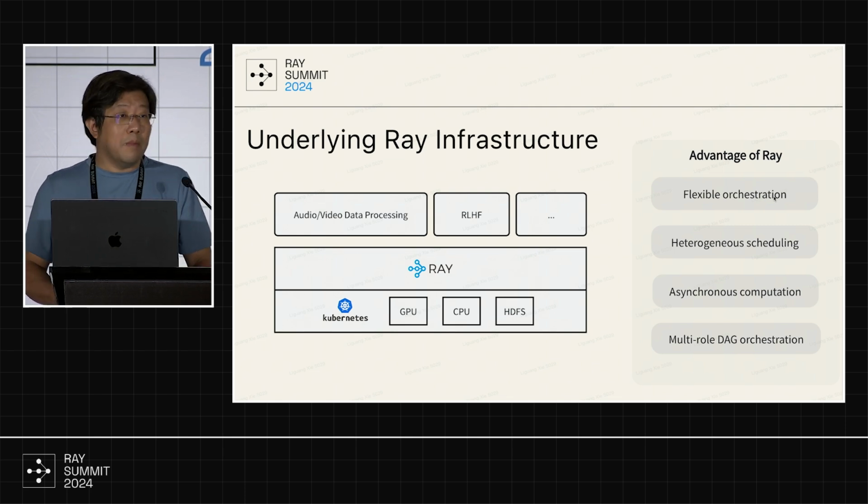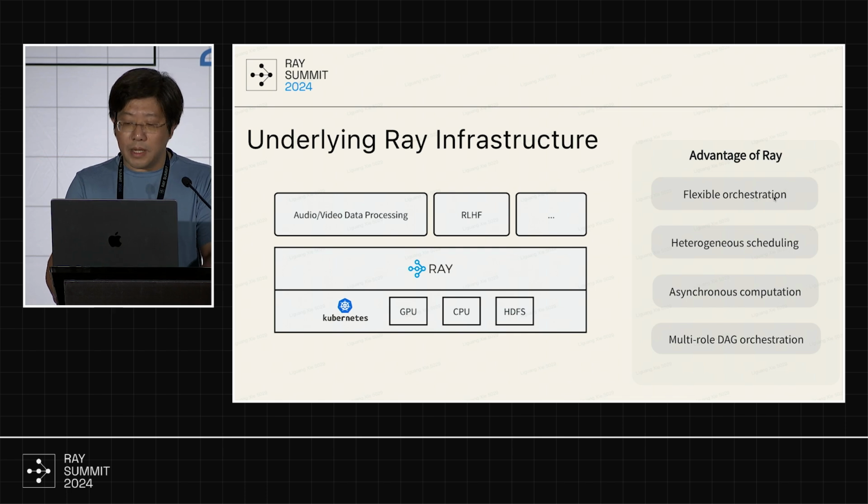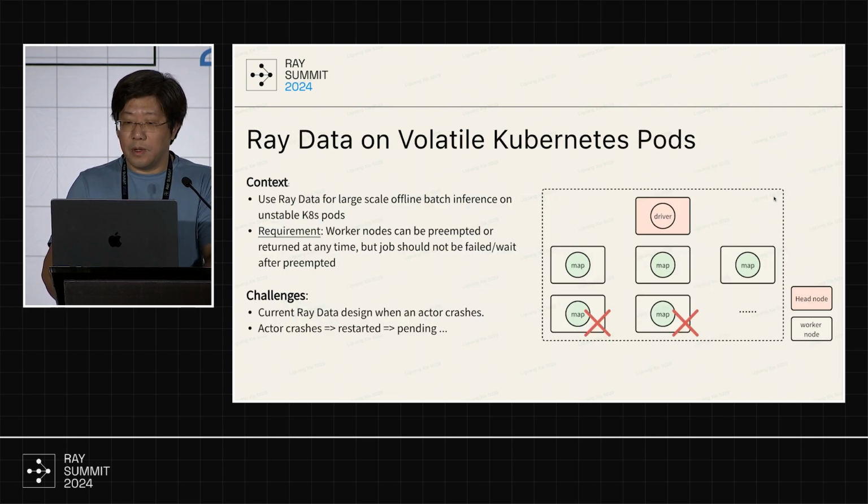But like building many other large-scale distributed systems, we also face tremendous challenges, including many production issues when scaling the production workload to thousands of nodes and beyond. In the next few slides, I'm going to deep dive a little bit. We would like to share what we have learned during this journey with the broader Ray community.